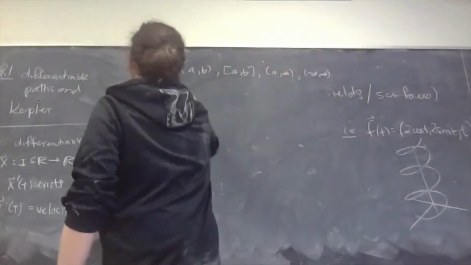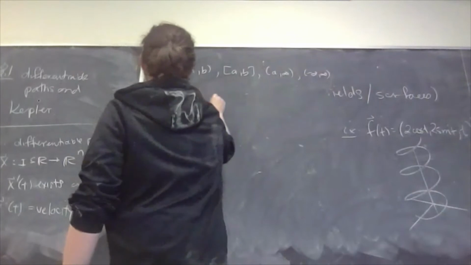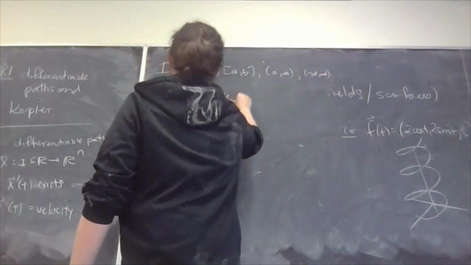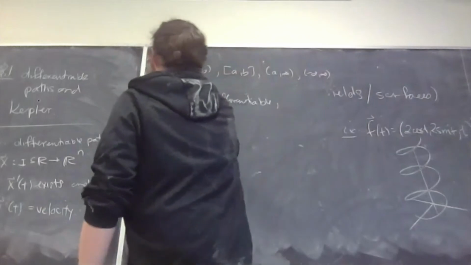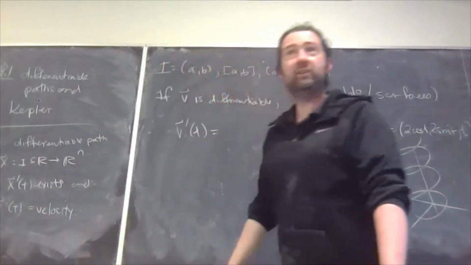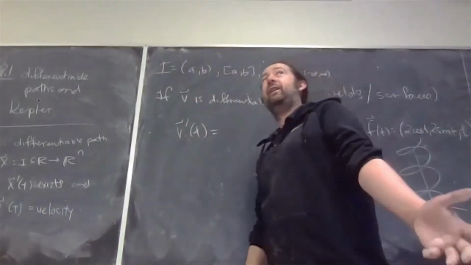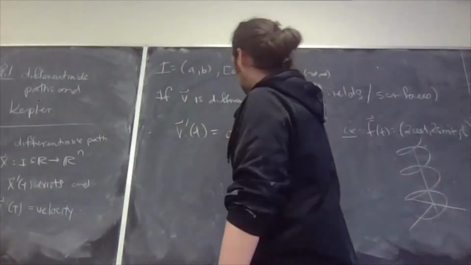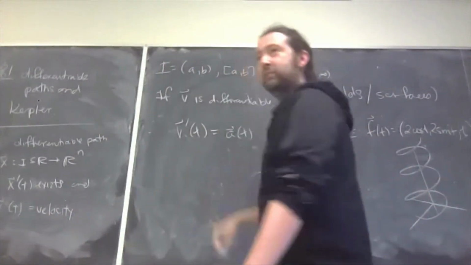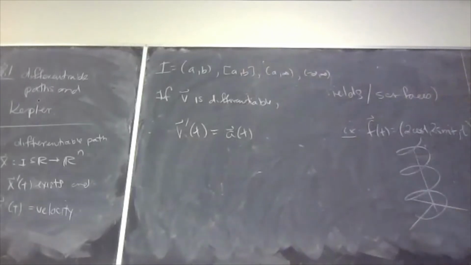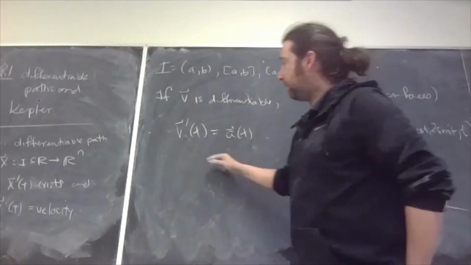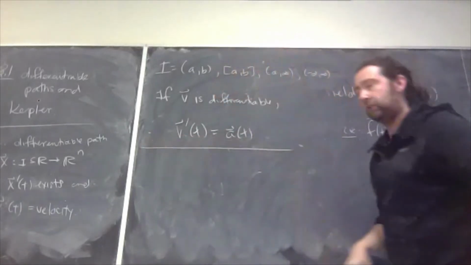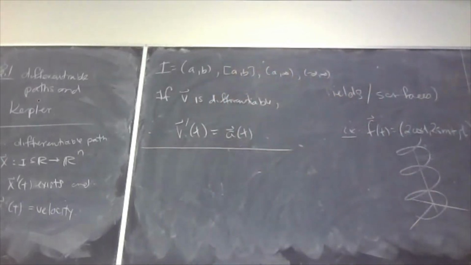If V is differentiable, then V prime, probably not surprising, is the derivative of velocity. You're well brainwashed by your years in physics classes, right? The derivative of position is velocity, and the derivative of velocity is acceleration. One notational convention that we use here is that these are vector quantities.